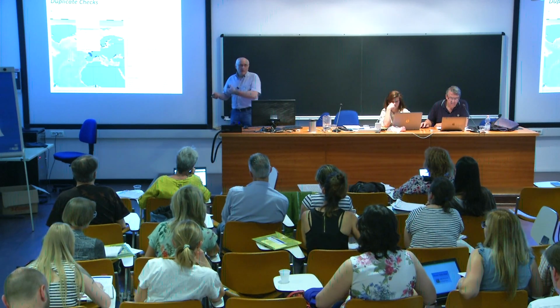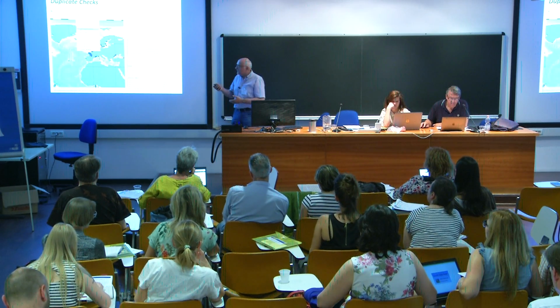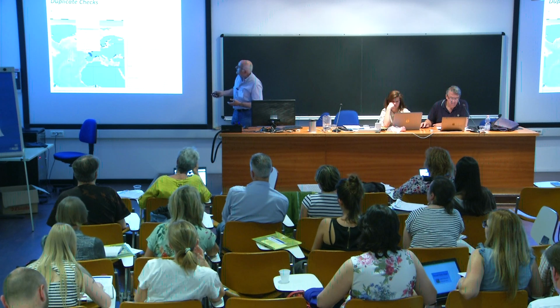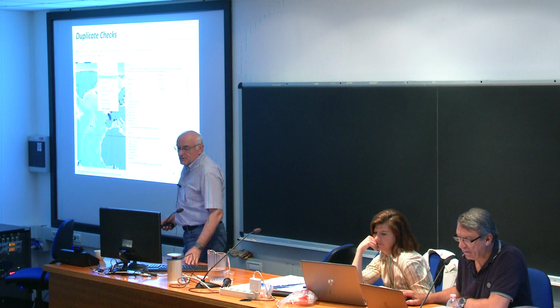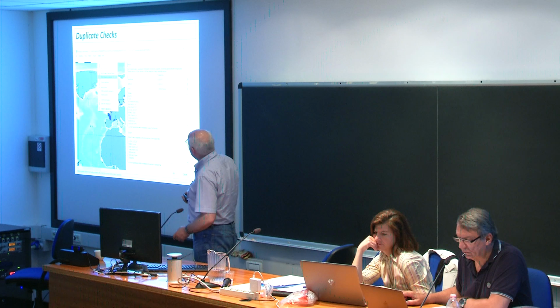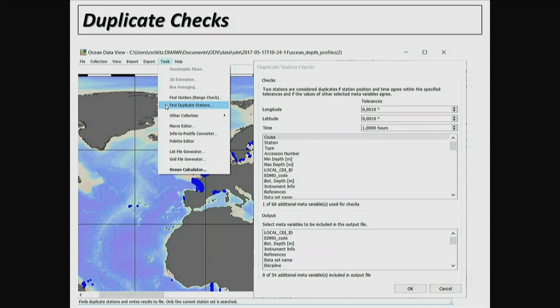And you have to work with all of these then. So if for a given one, like here in this case, you want to do the duplicate checks, you open that collection first. And then you go to the Tools menu, and there's this option, Find Duplicate Stations. When you choose it, a dialog comes up that lets you specify tolerances for the parameters that will be compared.